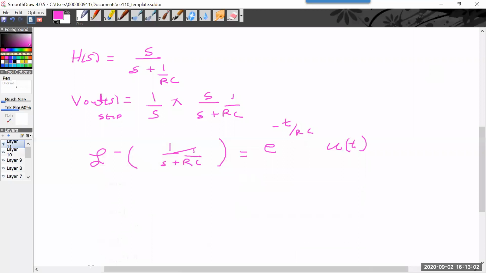So this is the step response. If I want to find the impulse response from that, I would take the derivative, so I get minus 1 over RC e to the minus t over RC u(t).